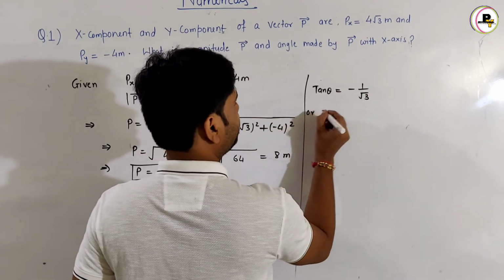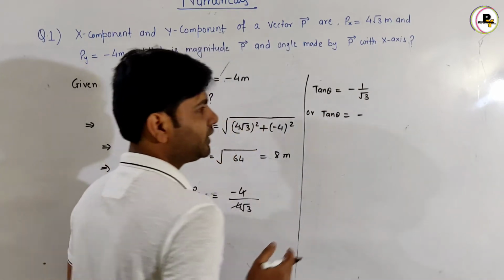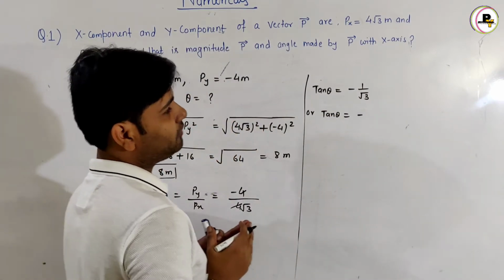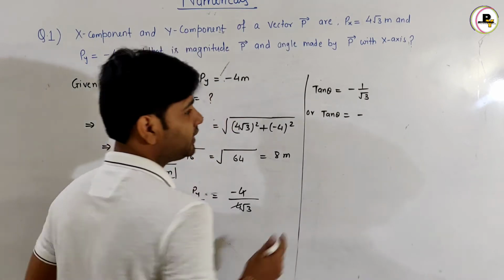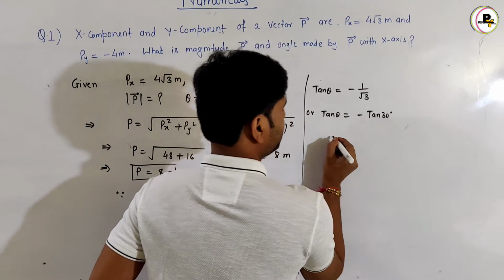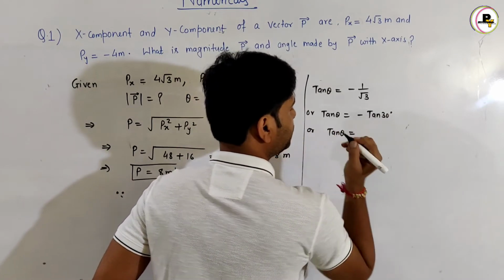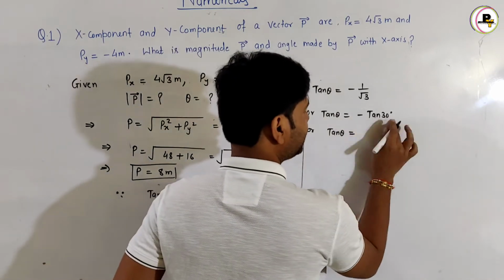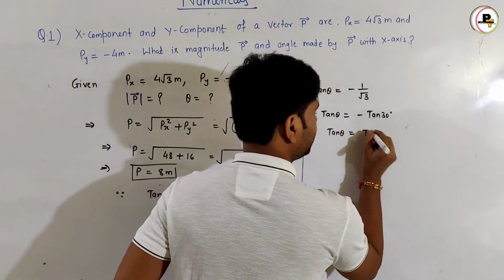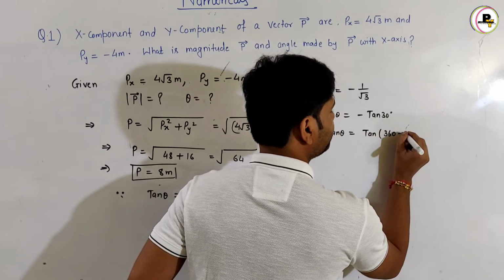Or we can also write tan theta equals minus, and the value of 1 by root 3 is tan 30. Or we can write tan theta equals minus tan 30, which can also be written as tan of 360 minus 30.